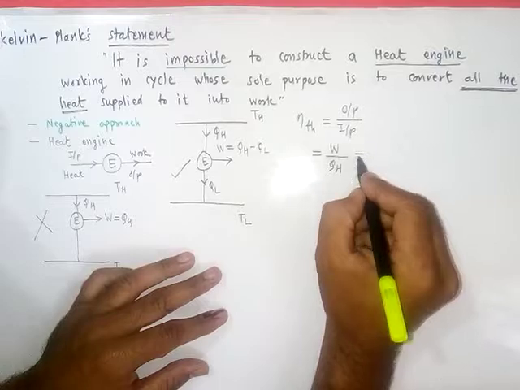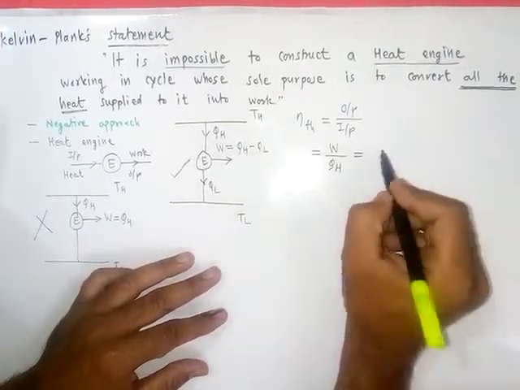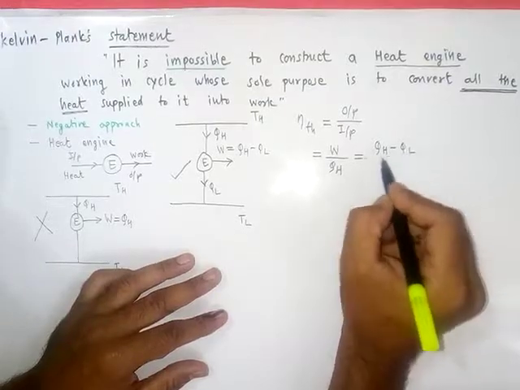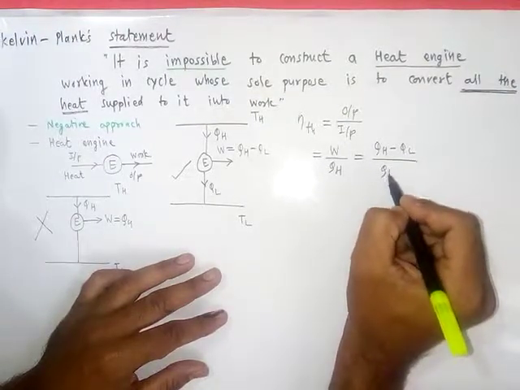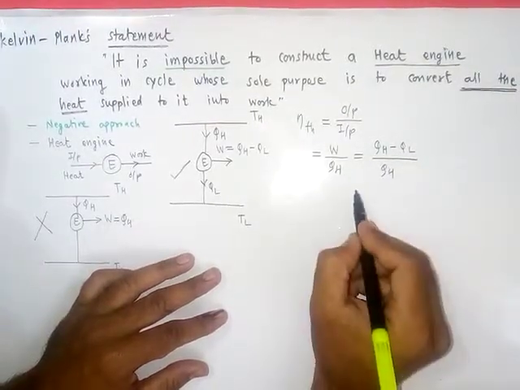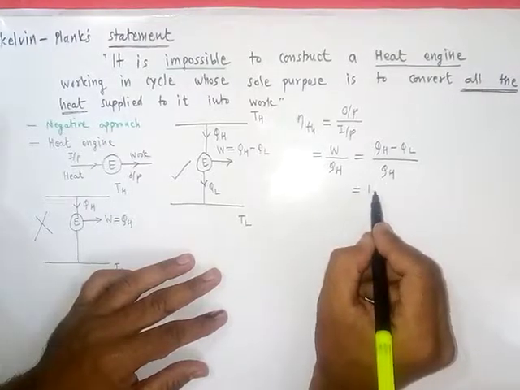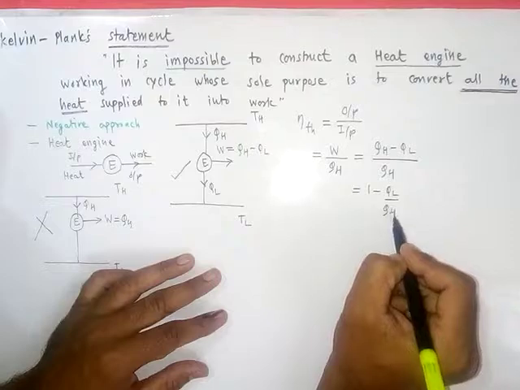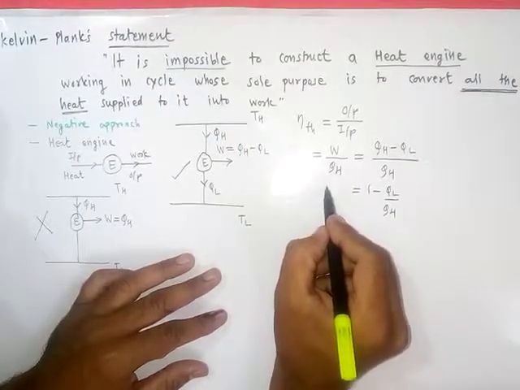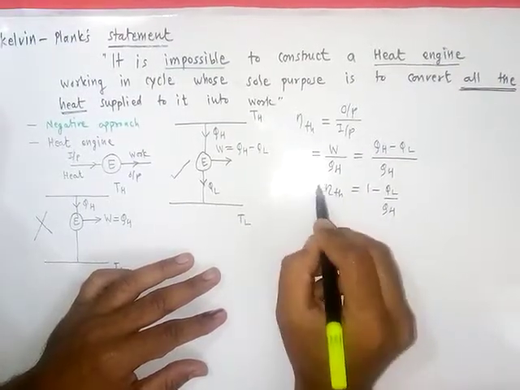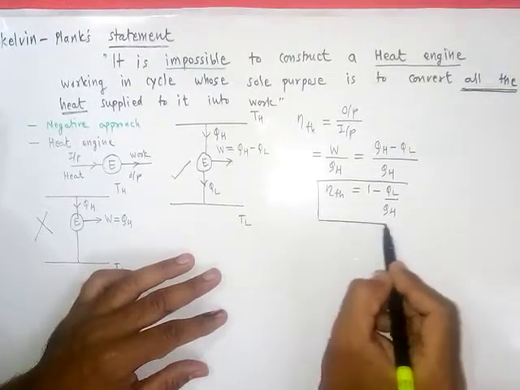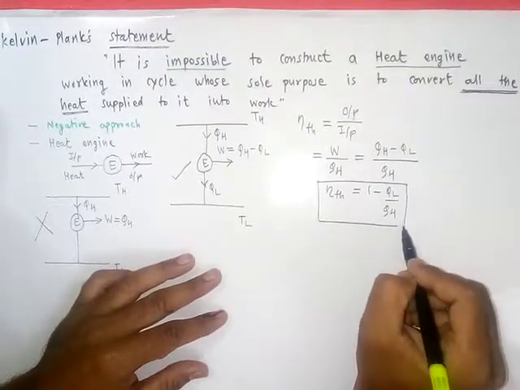W is again QH minus QL, upon QH. If we adjust this, it becomes 1 minus QL upon QH. So this is the thermal efficiency formula to check the performance of any heat engine.